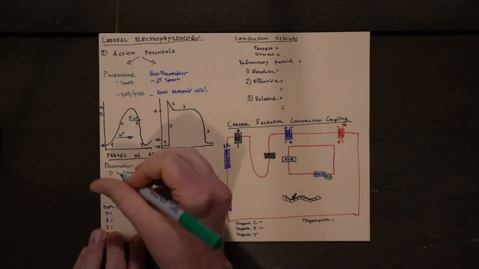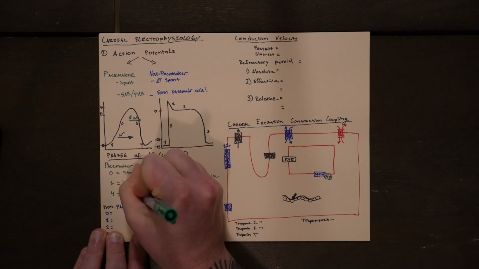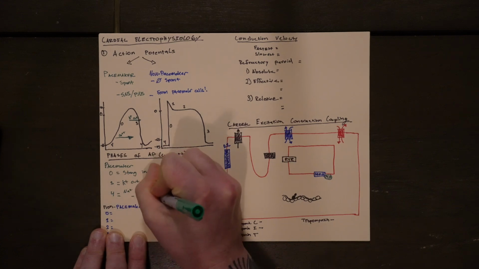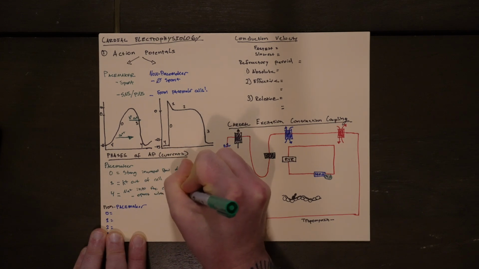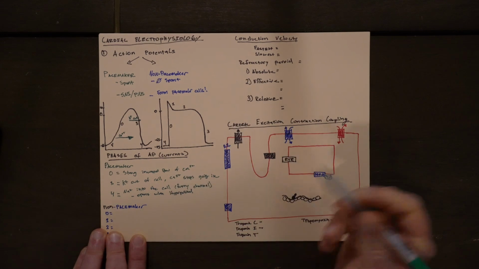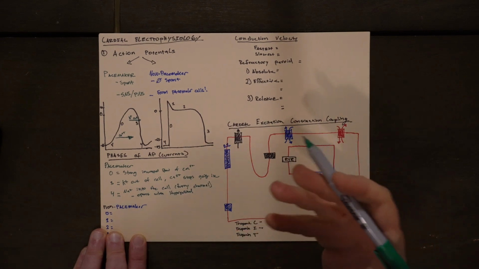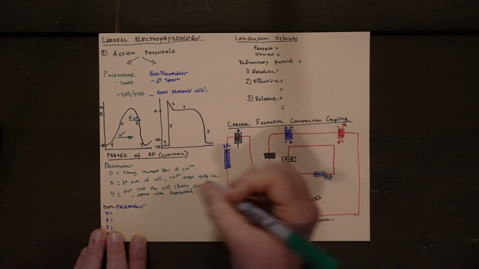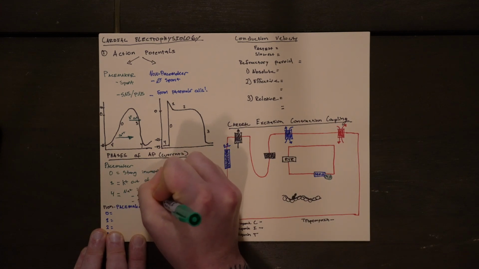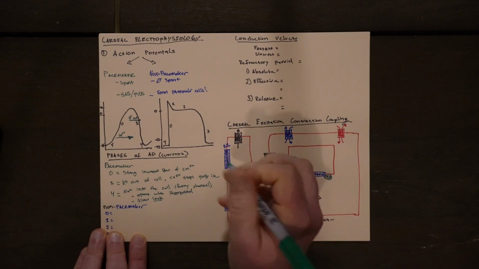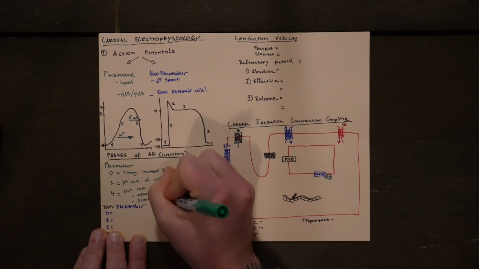Because it opens when it's hyperpolarized, and it causes a slow leak of sodium into the cell, right? So it's a slow leak. And it causes instability of the resting potential.